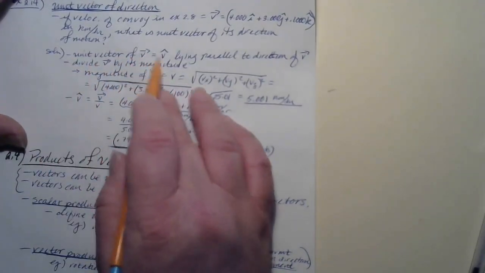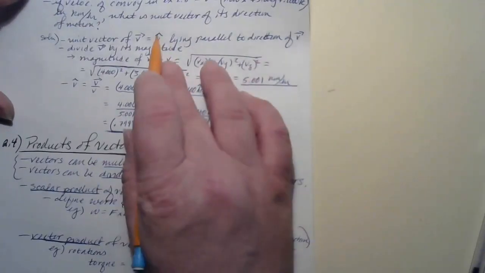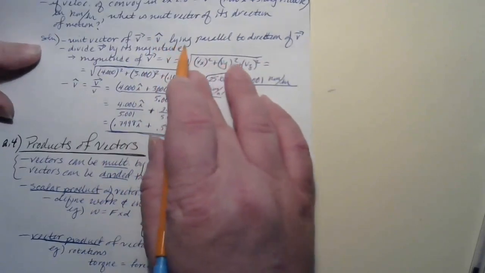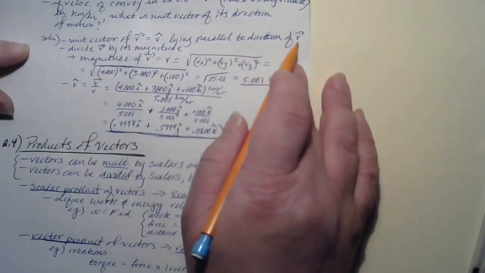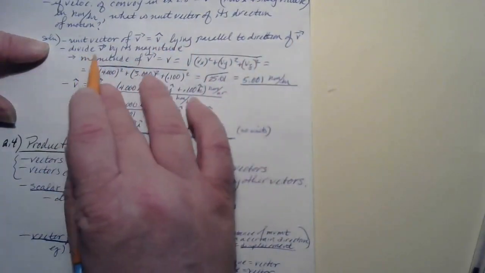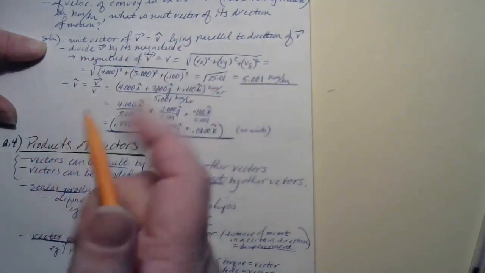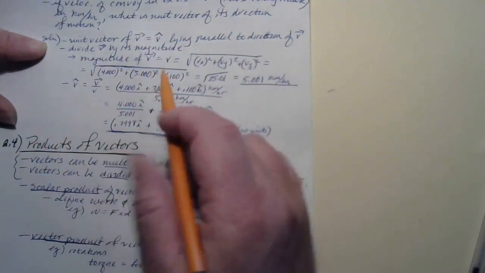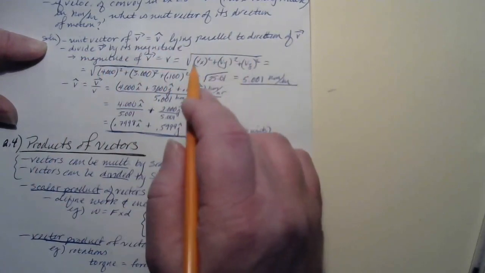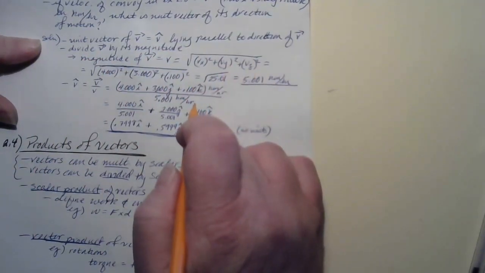So the unit vector of the velocity vector would be v with a circumflex, or a caret, or a hat, whichever you like to call it. And it would be parallel to the direction of the velocity vector. So we just want to divide the velocity vector by its magnitude, but we have to find its magnitude first. Remember, the magnitude of a vector is just the square root of the x and y and z components squared.